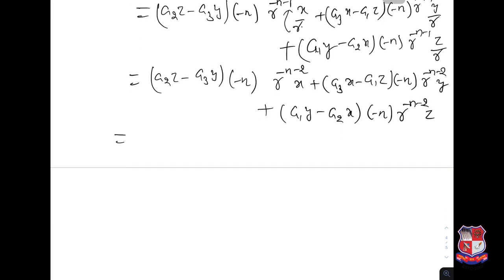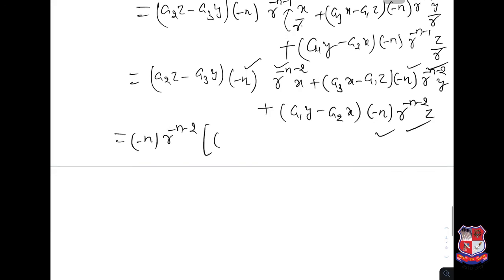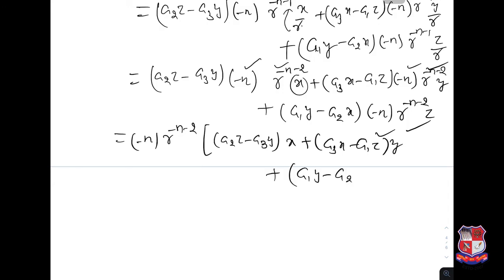Now minus n and R power minus n minus 2 we can take outside. So minus n R power minus n minus 2. What is inside? (A2z minus A3y) x, plus (A3x minus A1z) y, plus (A1y minus A2x) z.